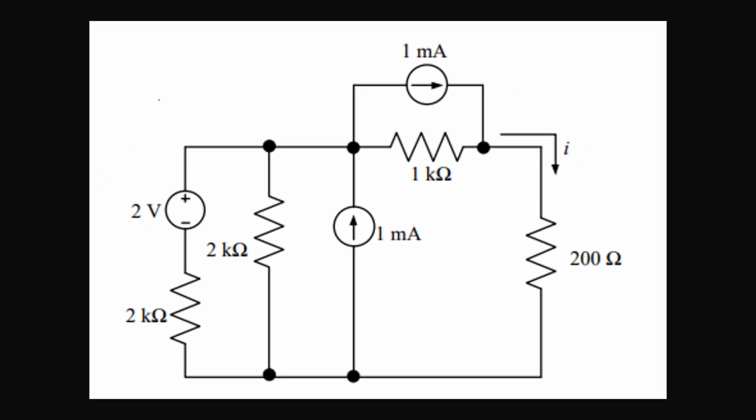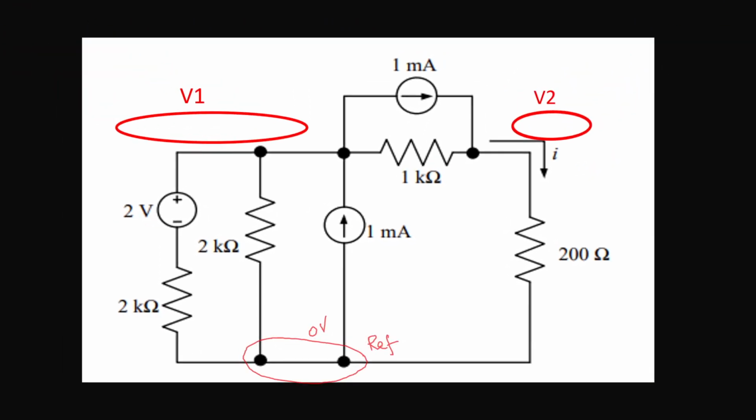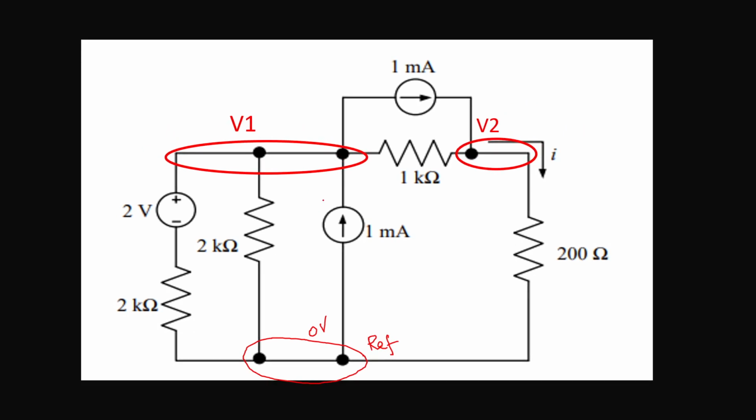This is the circuit diagram, in which we mark the nodes. This is node number 1 and this is node 2. Here V1 potential is assigned and for this V2 is assigned, and this is the reference node at 0 potential.